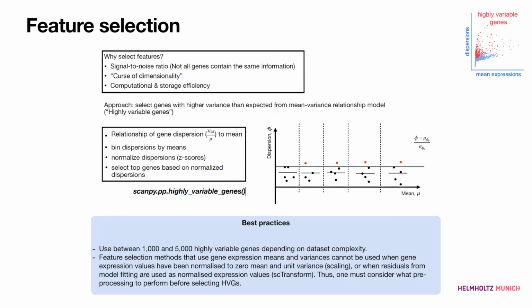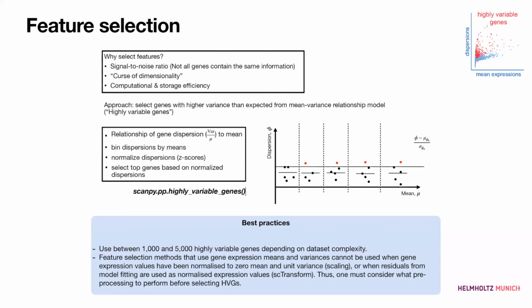So you have not yet scaled your expression variables, or used the S3 transform, because this essentially changes the distribution of your gene expression. So it's important to do this highly variable genes calculation before you do any of these more advanced processing steps.